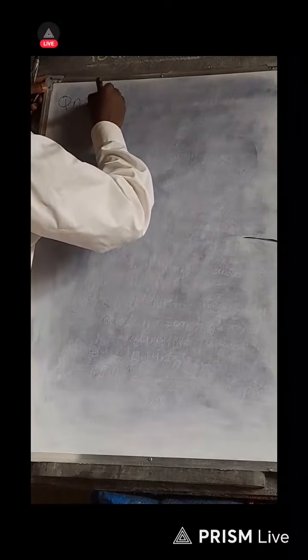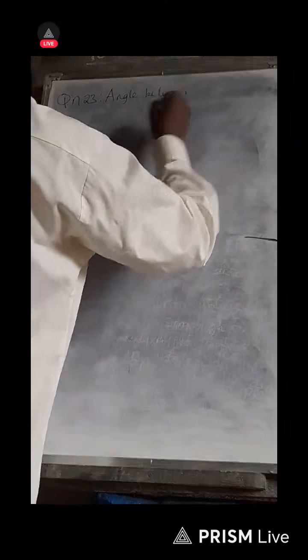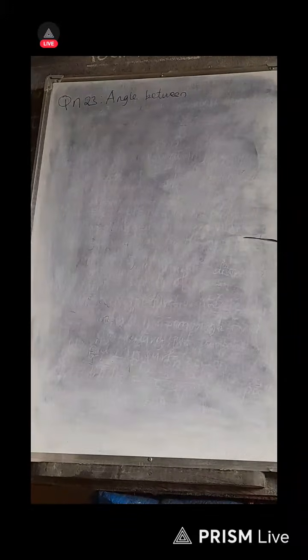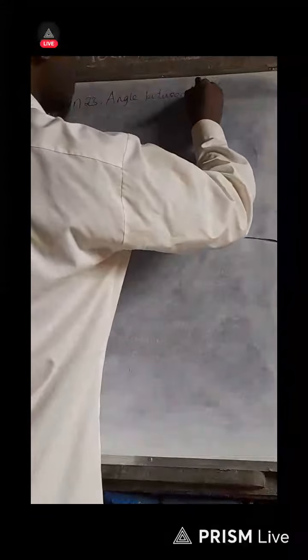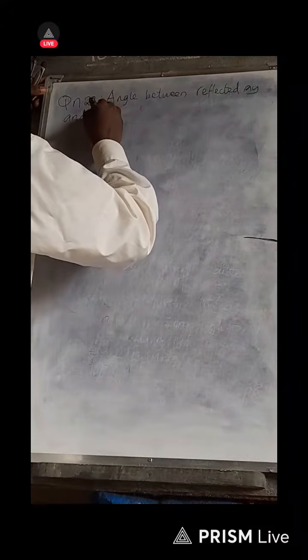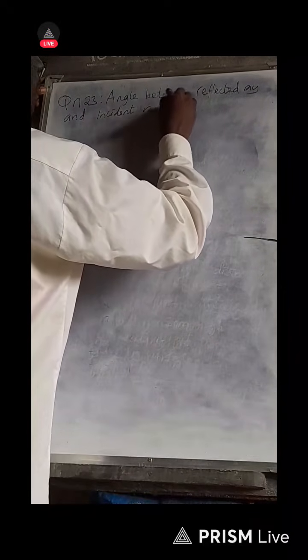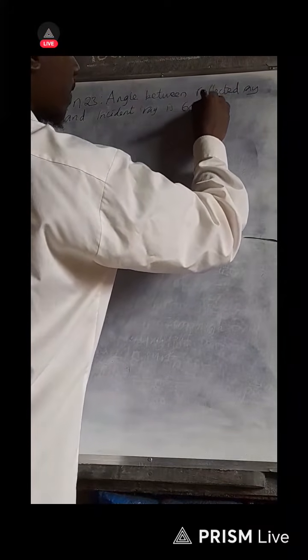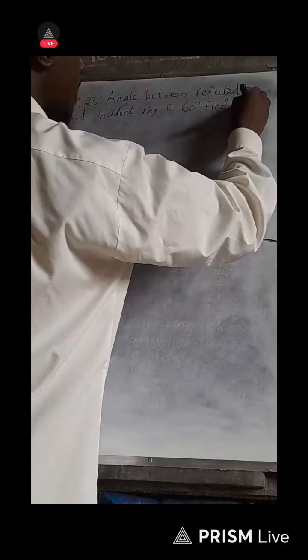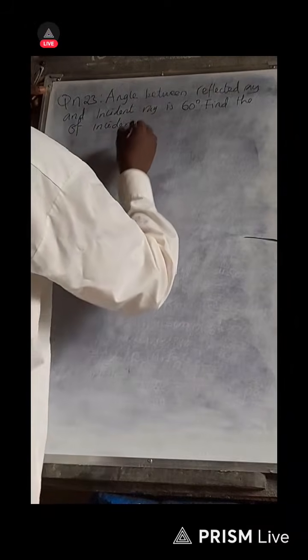Question number 23: the angle between the reflected ray and the incident ray is 60 degrees. Find the angle of incidence.